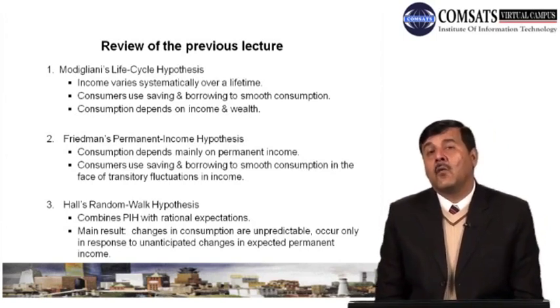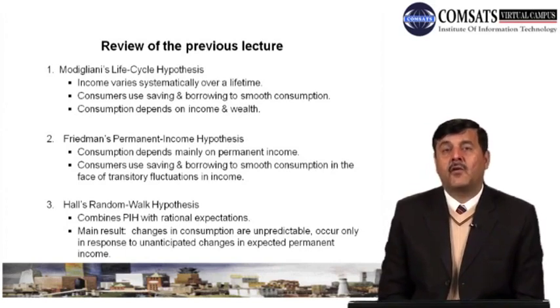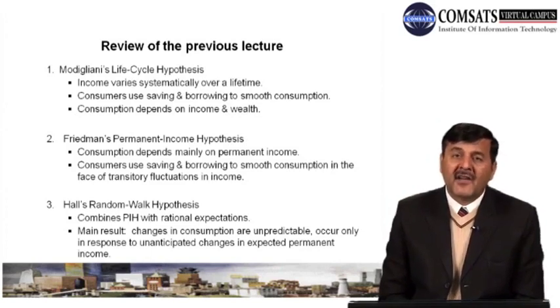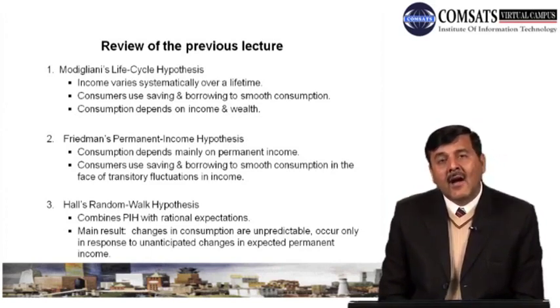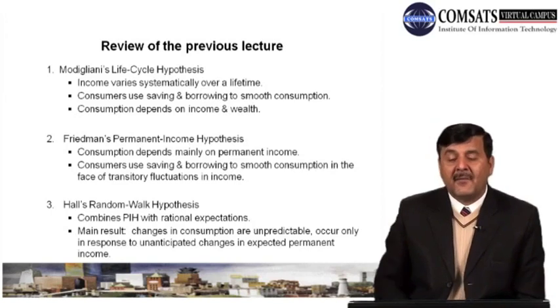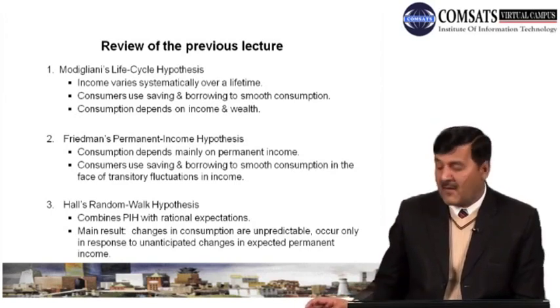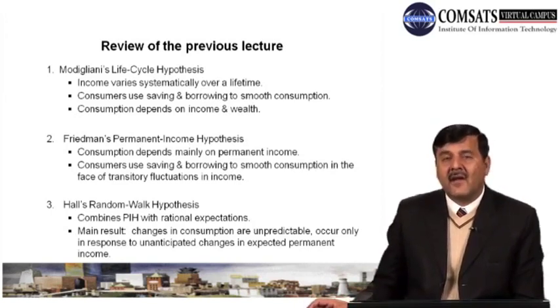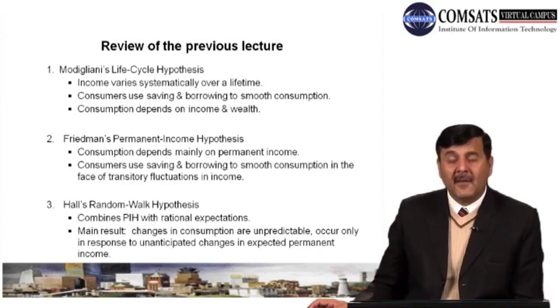So when you can't predict the changes in permanent income, then of course you can't forecast the changes in consumption. That is the main result. It is just a random walk, just random change in consumption.